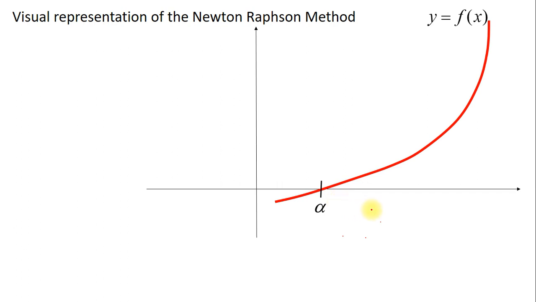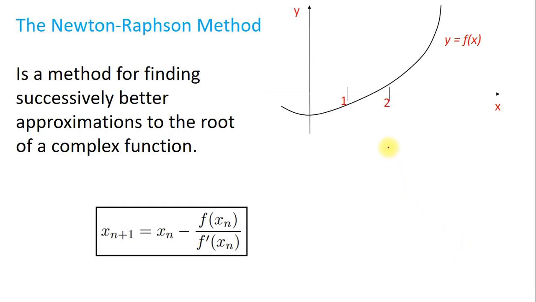Now the initial approximation usually is an integer closest to the root. As for example, if the root is here, we can use 2 as the first approximation or initial approximation. We can also use 1 as the initial approximation.